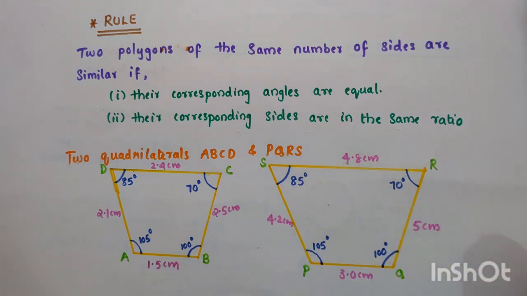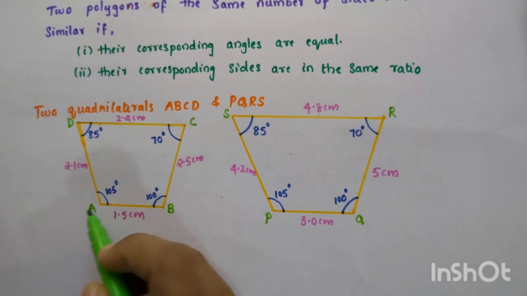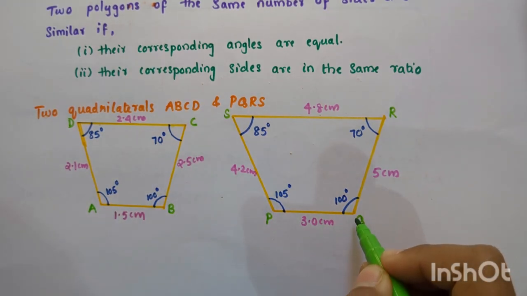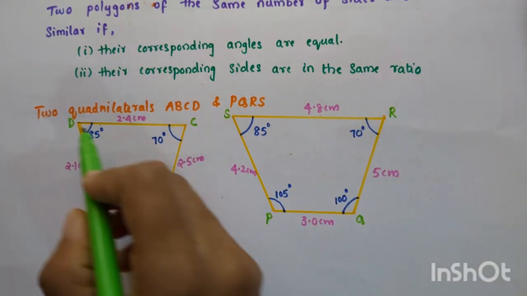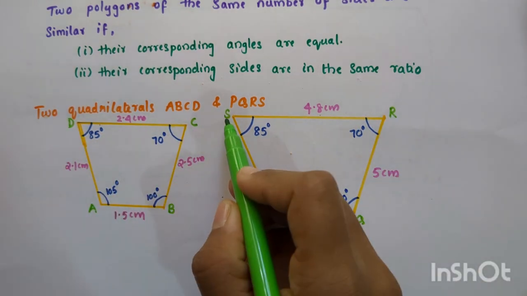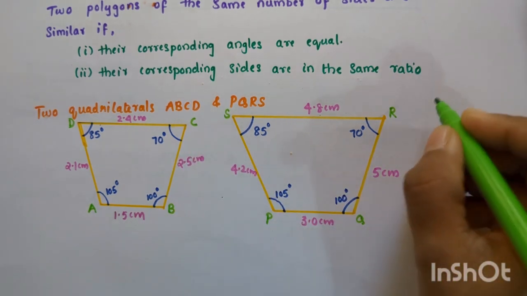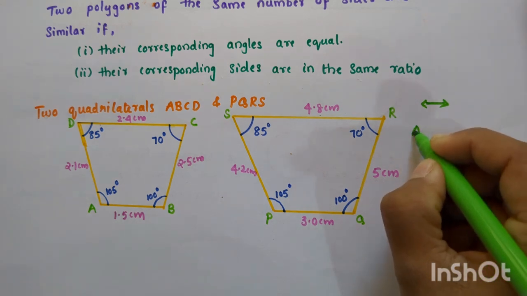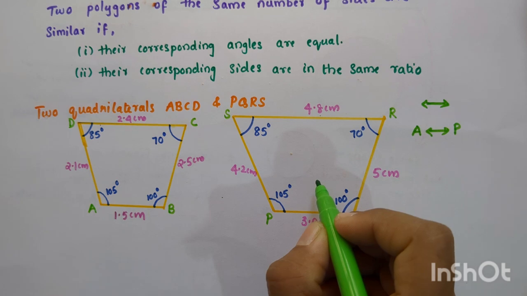So here you see the vertex A corresponds to the vertex P. The vertex B corresponds to the vertex Q. The vertex C corresponds to the vertex R and the vertex D corresponds to the vertex S. Symbolically, these correspondences are represented by using one such symbol. So the vertex A corresponds to the vertex P in the second quadrilateral.